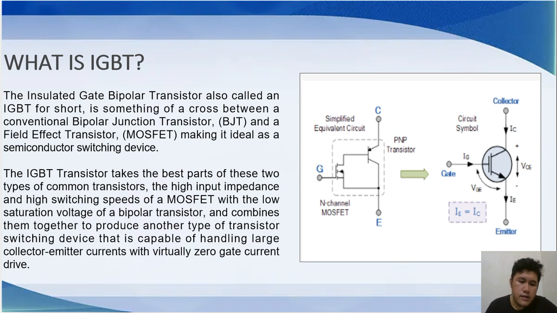The IGBT transistor takes the best parts of these two types of common transistors: the high input impedance and high switching speeds of a MOSFET with the low saturation voltage of a bipolar transistor, and combines them together to produce another type of transistor switching device that is capable of handling large collector-emitter currents with virtually zero gate current drive.